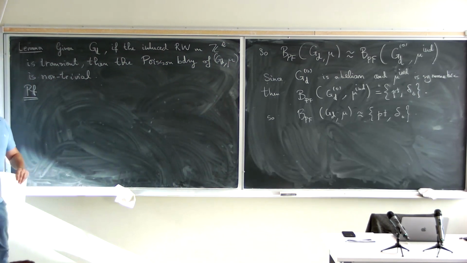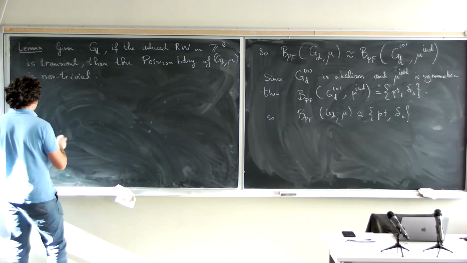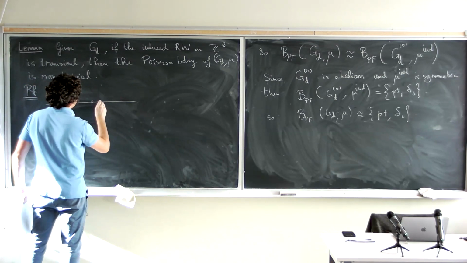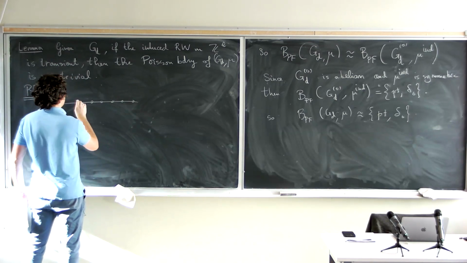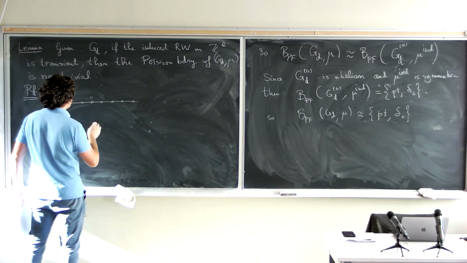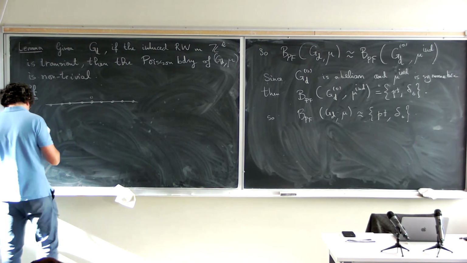And what's the proof of this? Well, it's kind of the opposite. So what does it mean that the walk is transient? It means that there is a positive probability that you're escaping from zero, right?